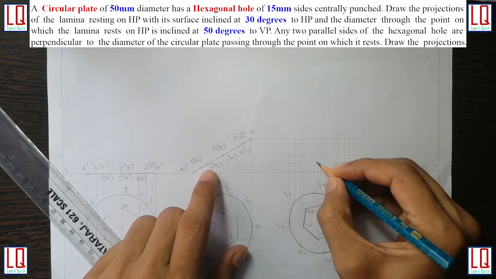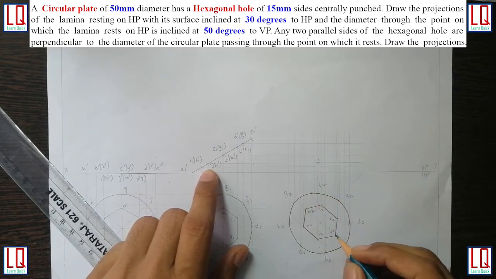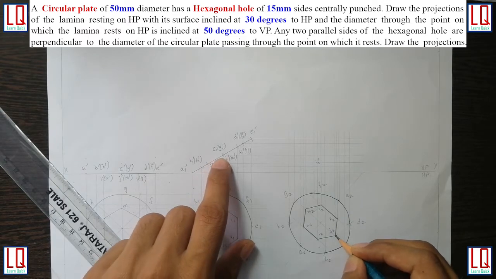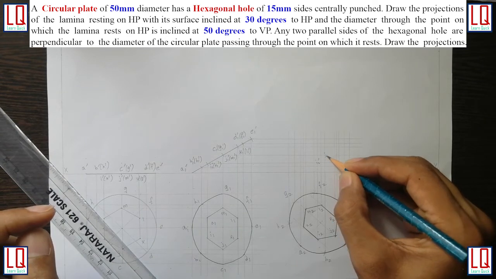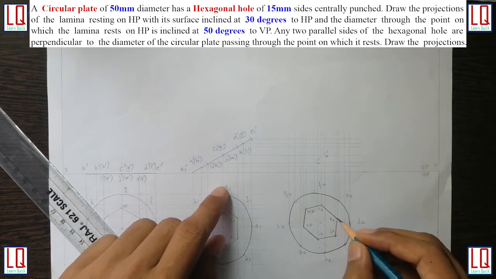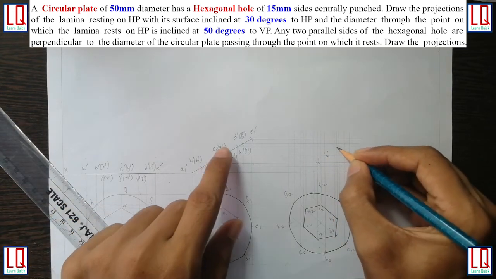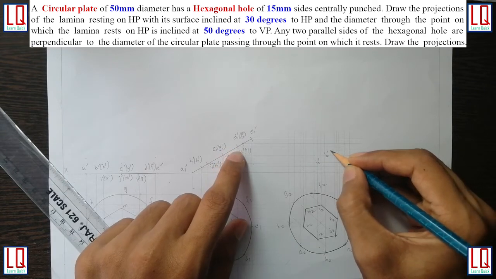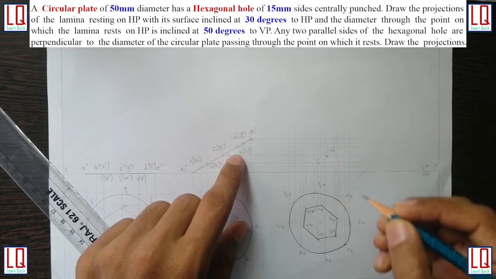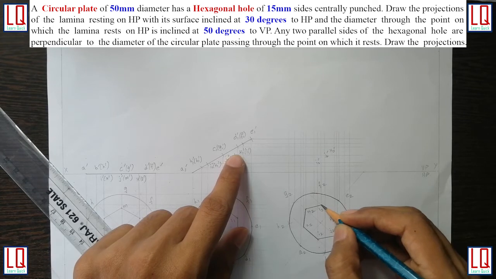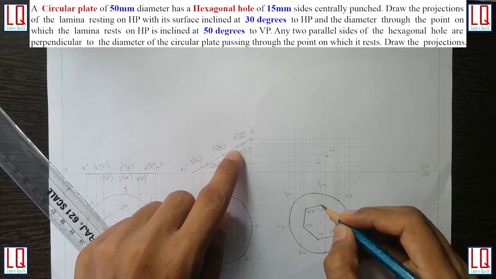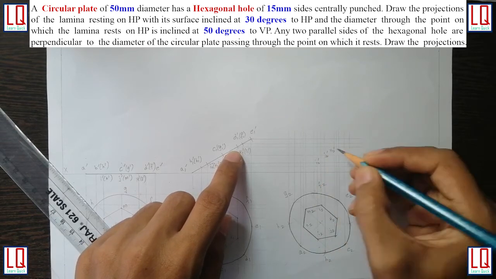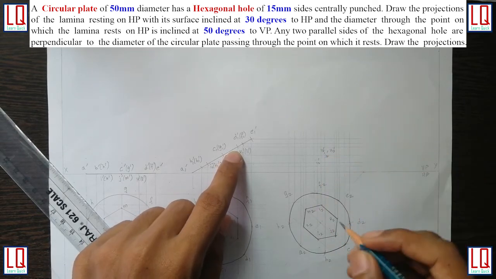So it's I2 dash. J2 and J1 dash meets here, so it's J2 dash. K2 and K1 dash meets here, so it's K2 dash. L2 and L1 dash meets here, so it's L2 dash.